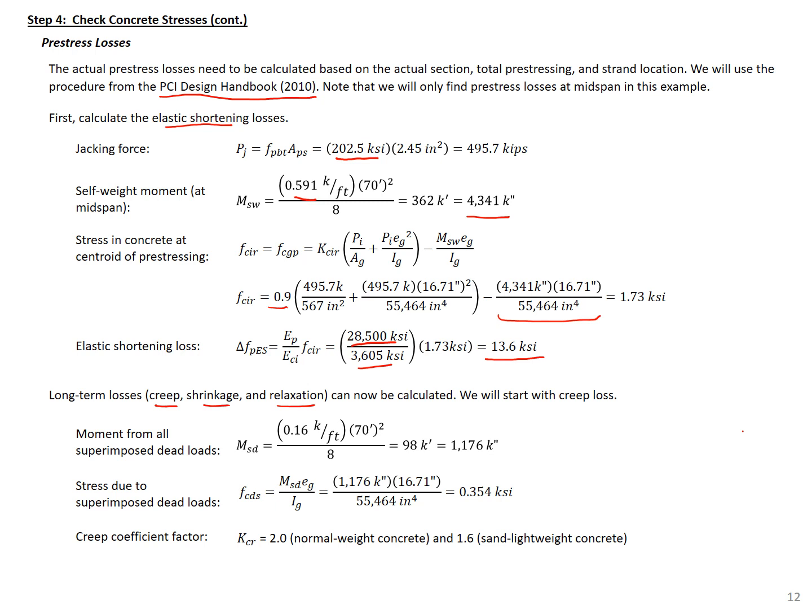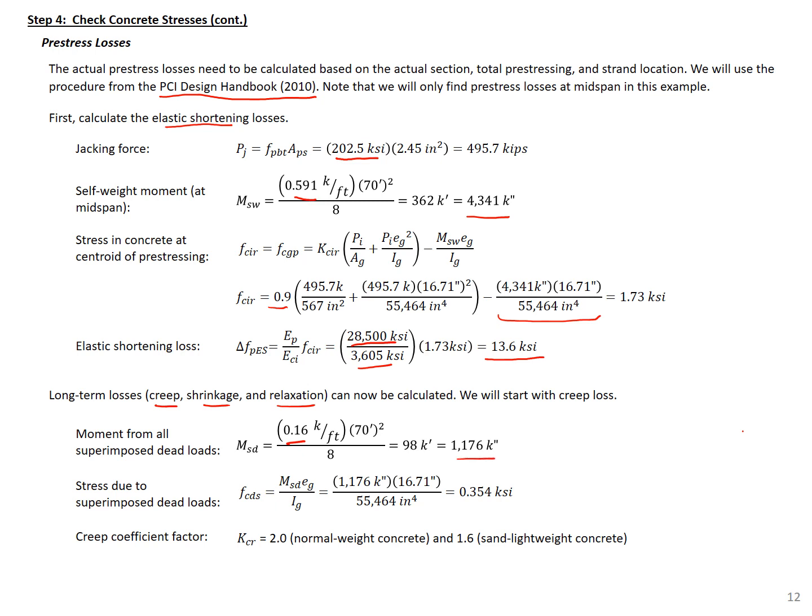Our creep loss, we need to find the moment from all of our superimposed dead loads. So that's our superimposed dead load, the distributed load, times L squared over 8, so WL squared over 8 for that, to get our superimposed dead load moment.